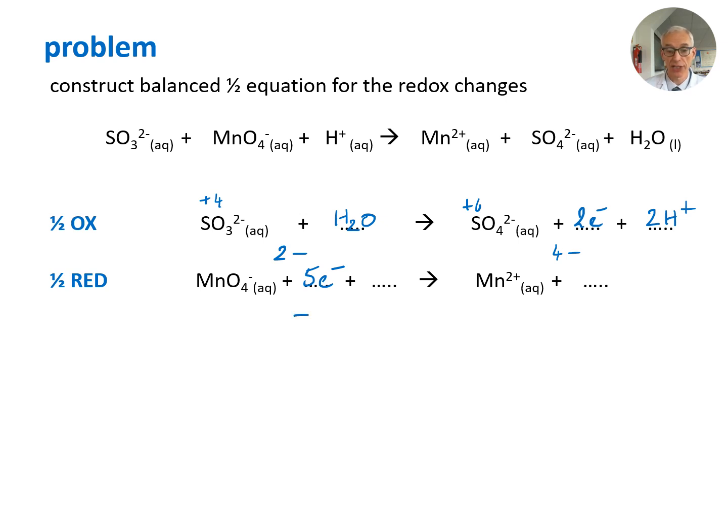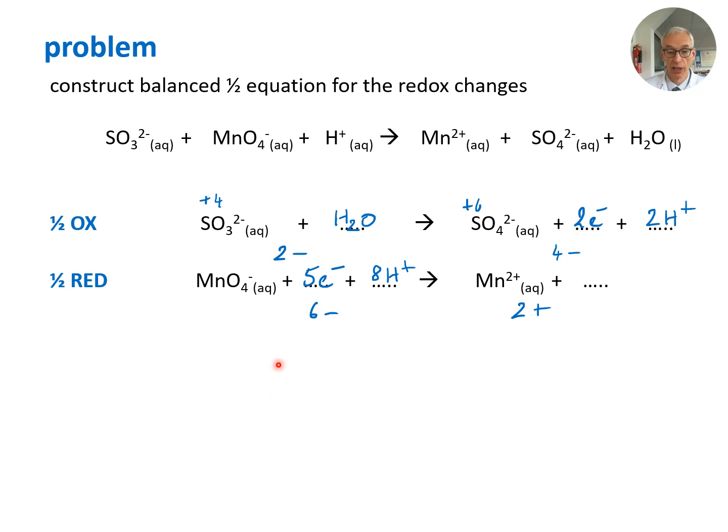Let's get this right: for charge, 6- on the left-hand side, 2+ on the right, so I need to add 8H+ to the left-hand side, so I've got a total of +2 on the left-hand side.